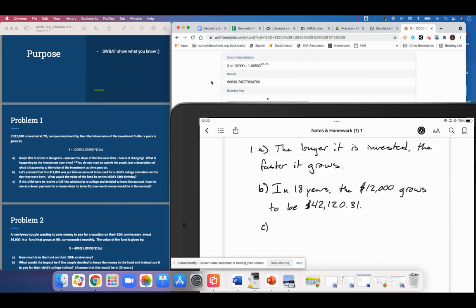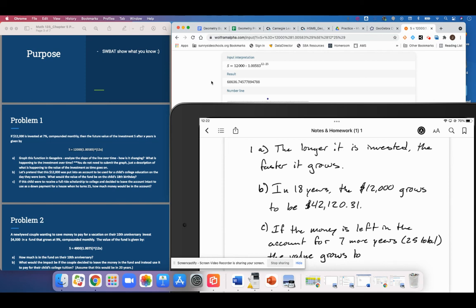So if the money is left in the account for 7 more years, 25 total, the value grows to $68,636.75.